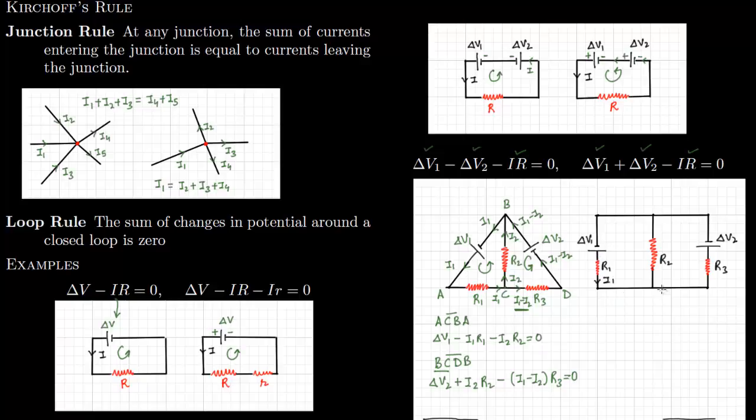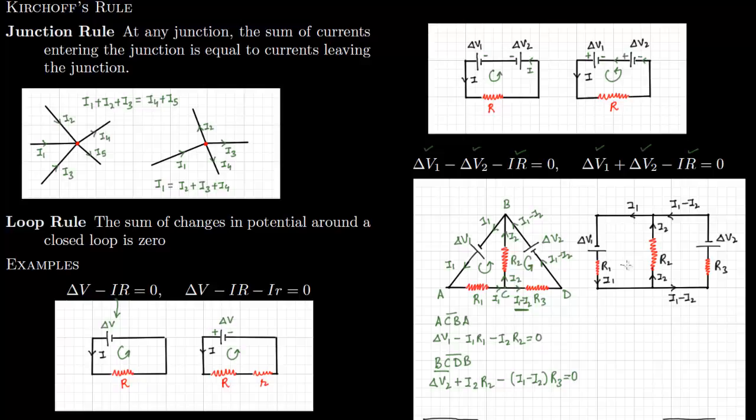Say we have I1. So I1 is coming in here in this junction. Now say I2 goes here, then the current coming in here will be I1 minus I2. So current coming back here would be I1 minus I2, and you add I2 back to it, you get I1.